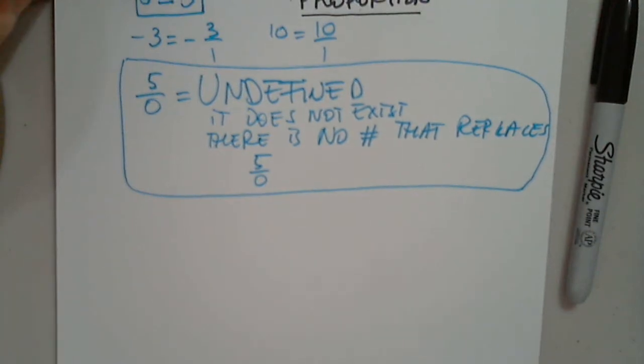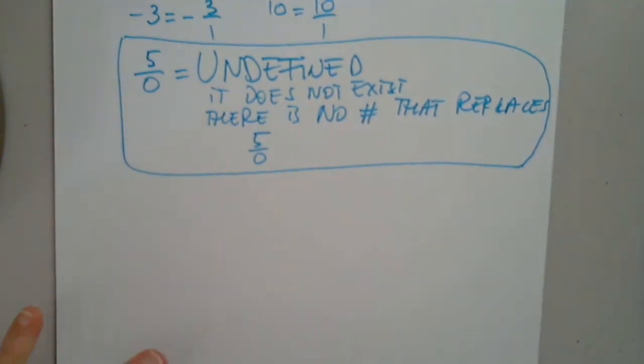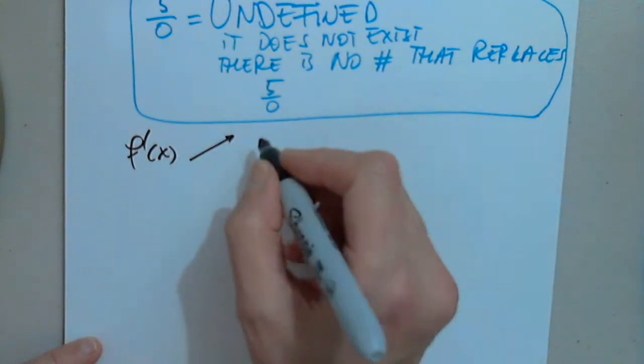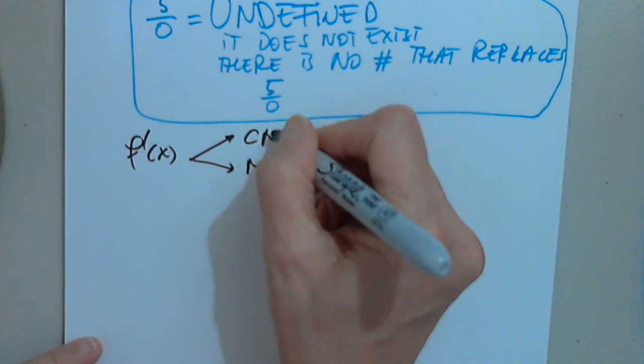So now we know what the first derivative tells us. The first derivative tells us what? So let's write it down. What does f prime say about the function? It gives critical numbers. It gives potential max min, if those exist.